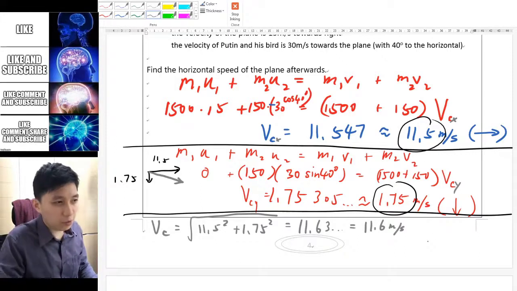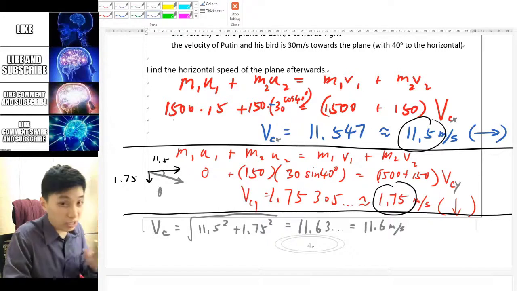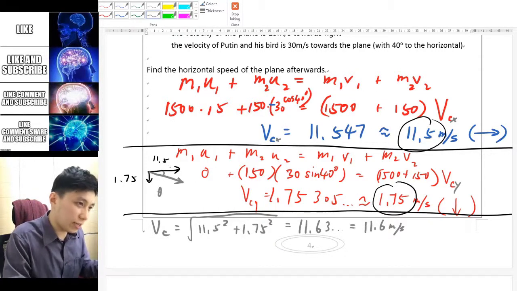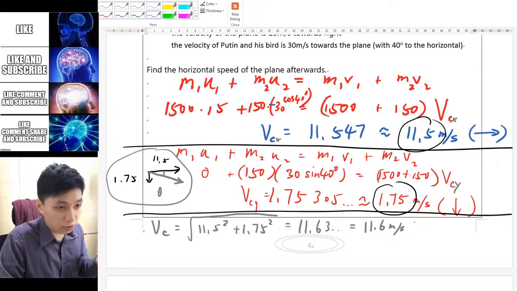And if you really want to do one more thing, that is calculating the angle, this is really the last thing. Then what you can tell from this diagram is that you can use tangent to calculate, right? So tangent theta is going to be 1.75 over 11.5.